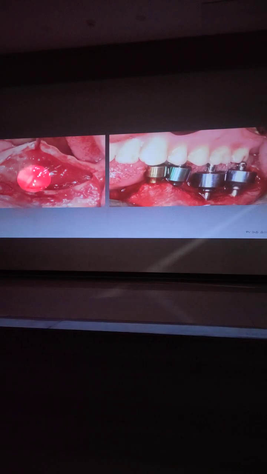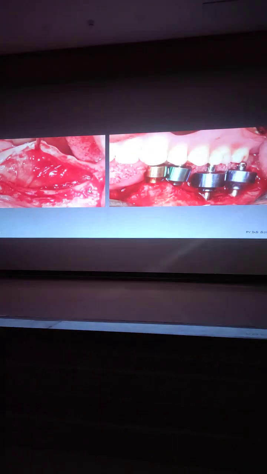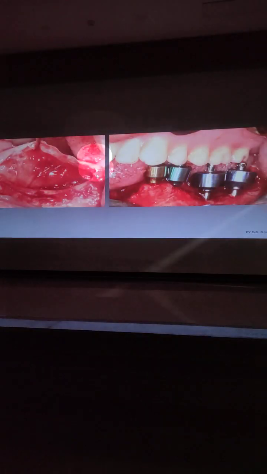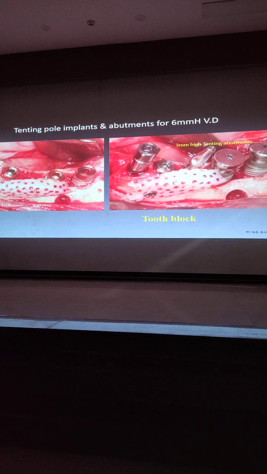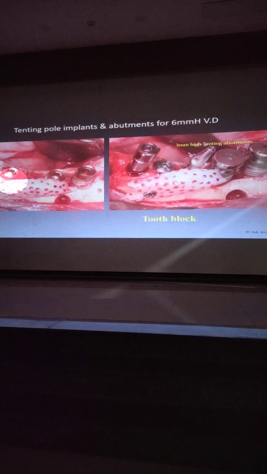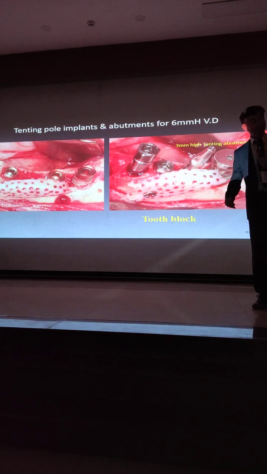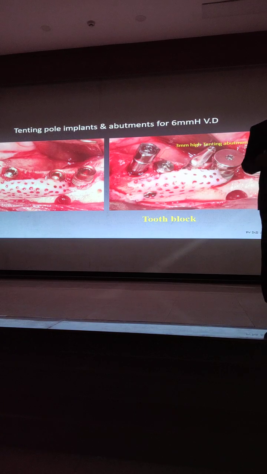This patient shows very severe vertical three-dimensional deficiency on the left posterior mandible. So I placed four implants, and I placed a 3 mm high tenting pole abutment at the same time, in order to get predictable 3D ridge augmentation.